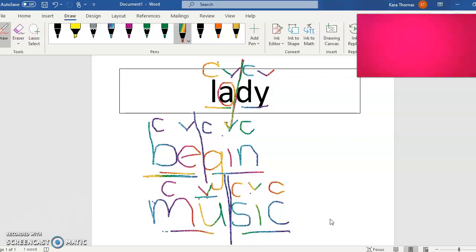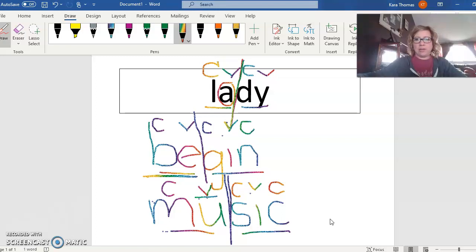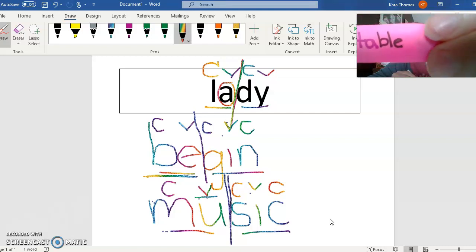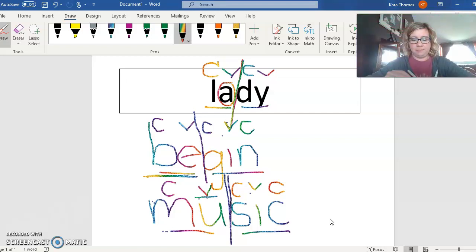All right, let's practice with a couple of two-syllable words here. If you look in the corner of your screen, there I am. And we're going to practice a couple of two-syllable words, okay? Read them with me. Table, table. Below, below.